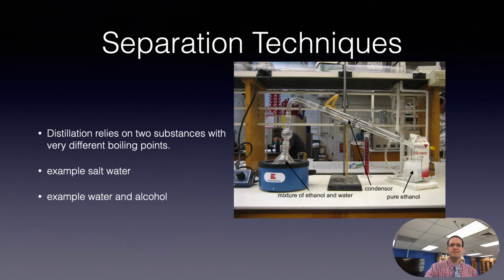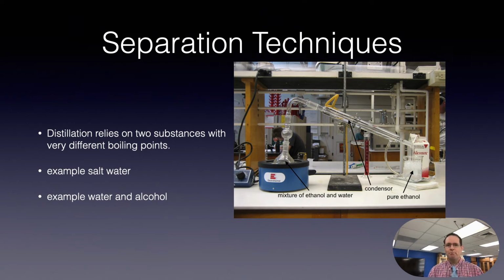Another example is ethanol. Okay, now this is a distillation apparatus. Okay, it's a still. Now it works on the idea to separate ethanol and water. Now ethanol has a boiling point of about 78 degrees Celsius, but water has a higher boiling point of 100 degrees Celsius.